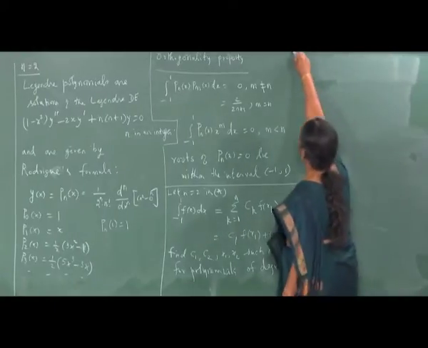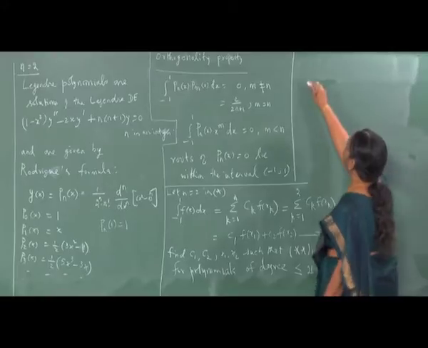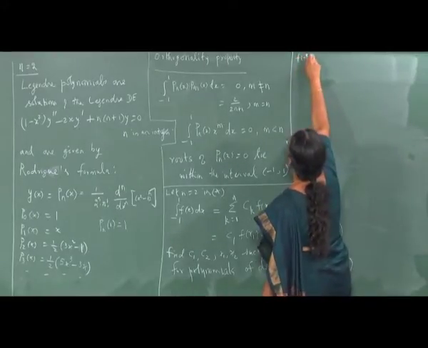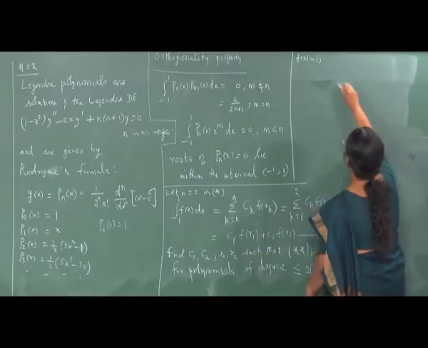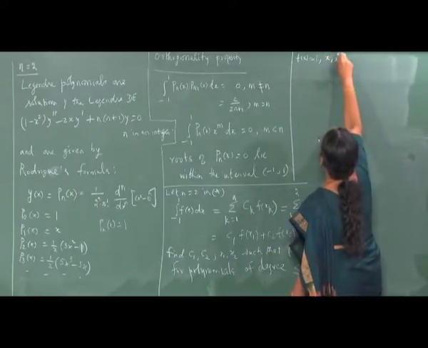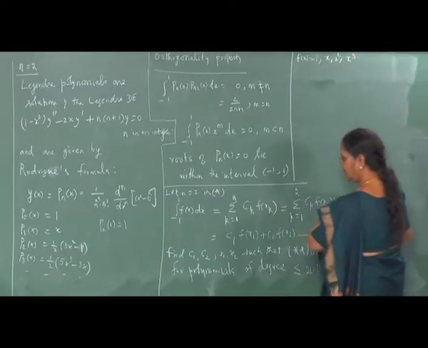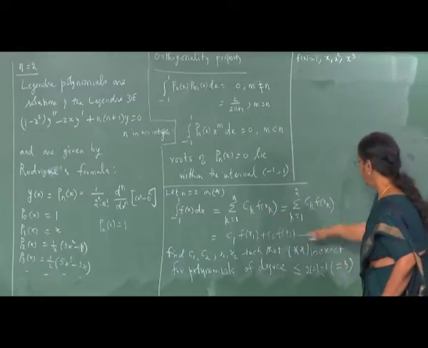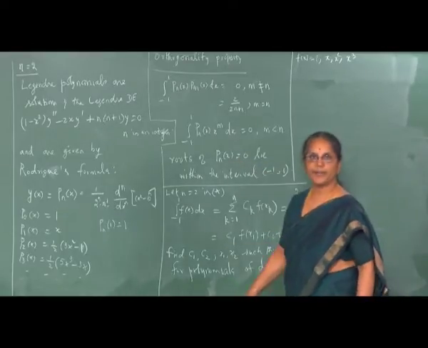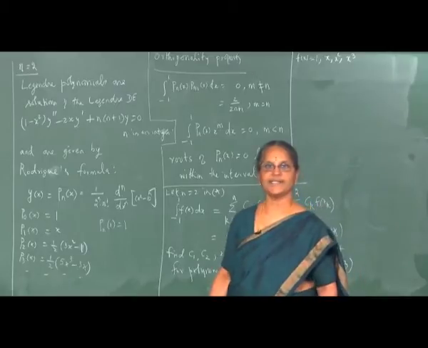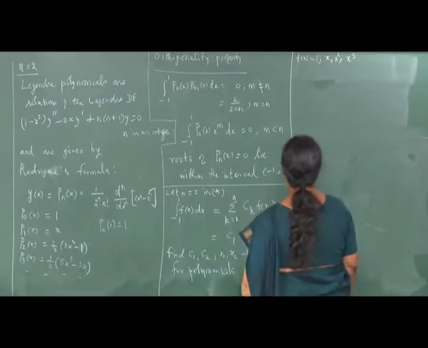So, we know how to work out the details. We take f of x to be equal to, therefore, 1, x, x square and x cubed, and substitute in double star and then see how you can make use of the properties of the Legendre polynomials and evaluate this integral.